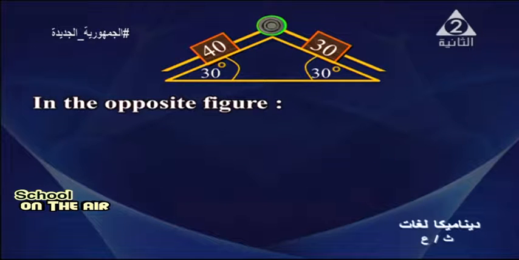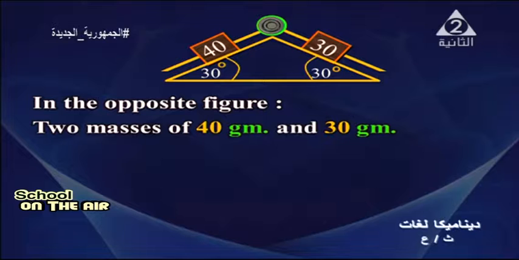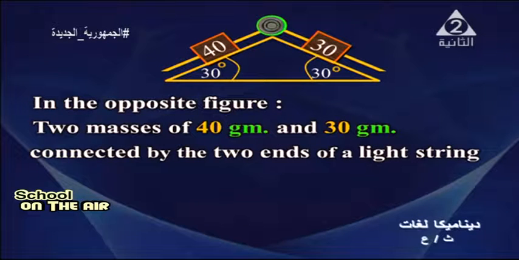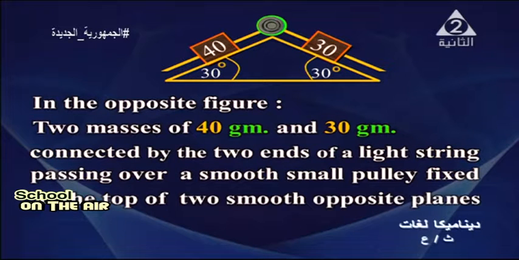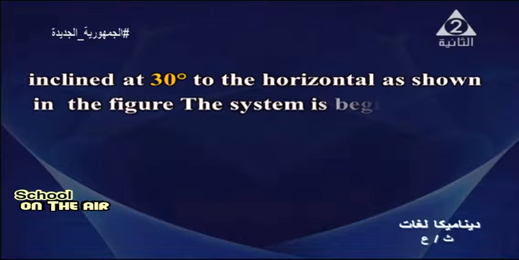Another question. In the opposite figure, two masses of 40 gram and 30 gram are connected by two ends of a light string passing over a small pulley fixed at the top of two smooth opposite planes. The two planes are inclined at 30 degrees to the horizontal as shown in the figure.